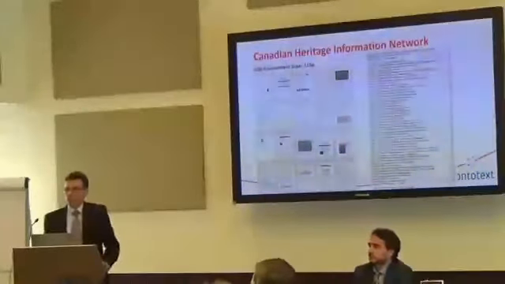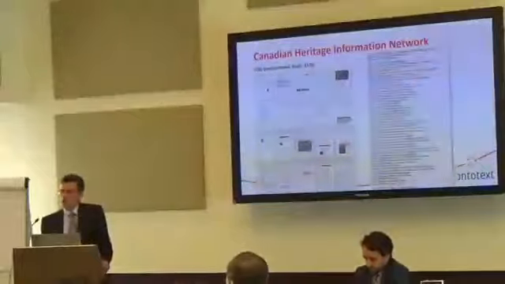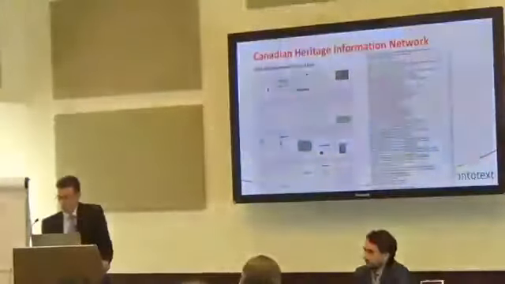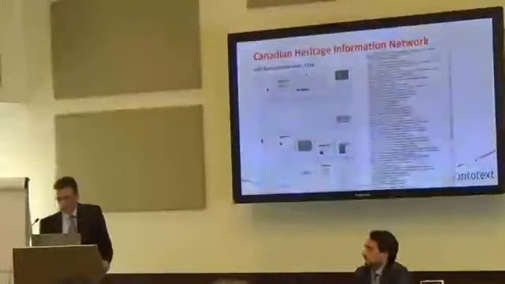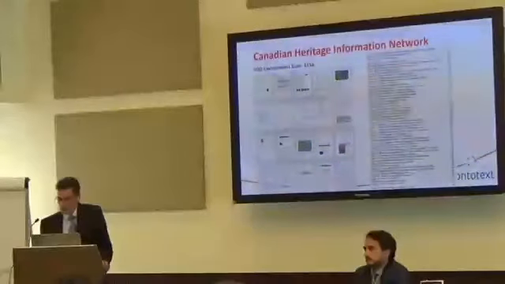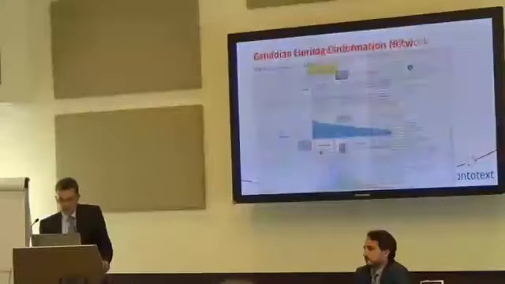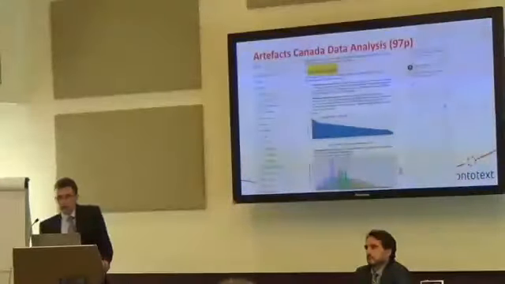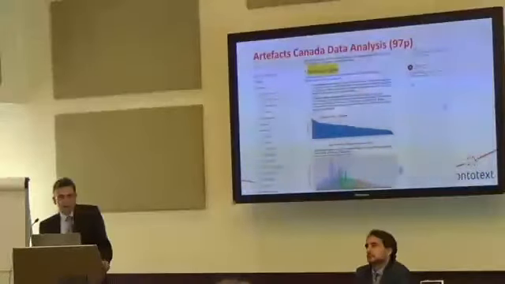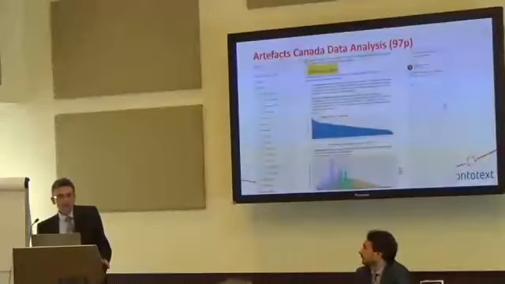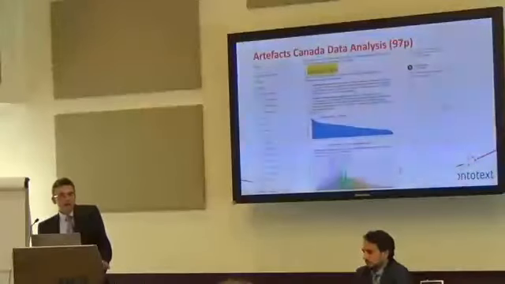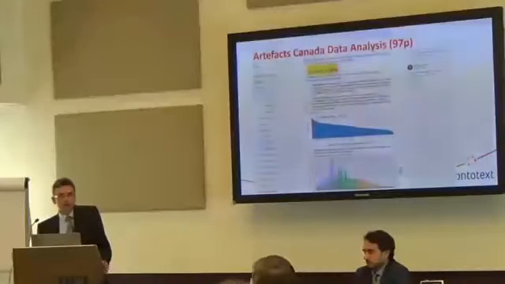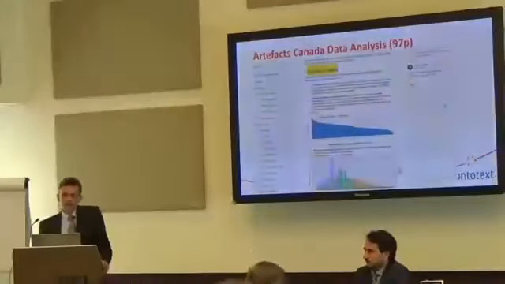So this report of 70 pages is kind of like an excerpt from this report we did for Canada, which you see here, 92 figures, a lot of illustrative material. And then we did an analysis of the current state of Artifacts Canada, which has about 5 million objects collected from 5,000 institutions. So in a sense, it is a mini Europeana.